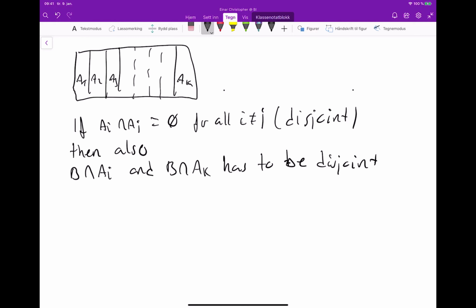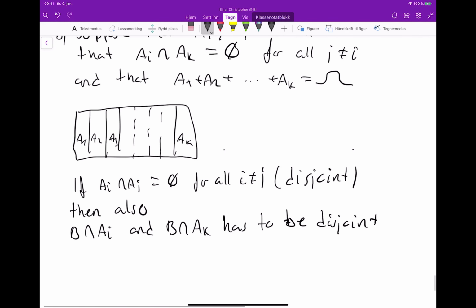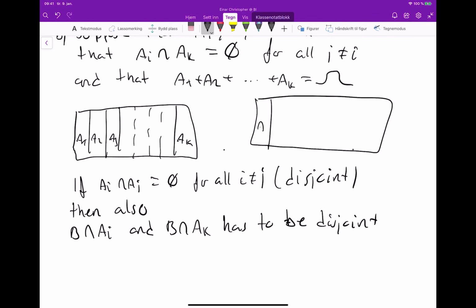Why is that? Let's visualize it, and let's draw again, and first make A1, A2, A3, and in the end AK, and let's put in a B here. I could draw B wherever I want, but now I draw it, for example, here.